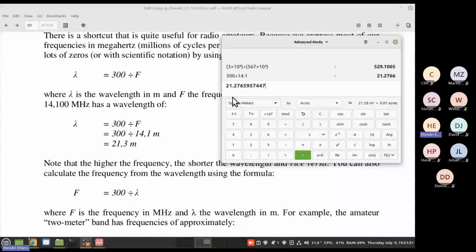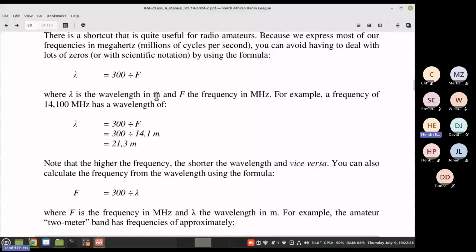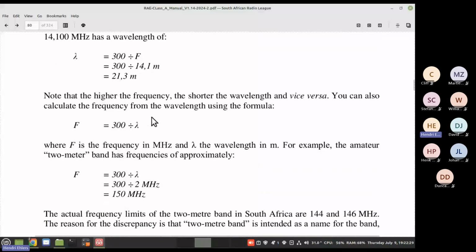If you want to build yourself an end-fed half wave, you'll divide that by 2 because you want to use half the wavelength, and that's 10 meters. You get yourself a wire slightly longer than that, just to be safe, and then you build yourself a half wave antenna for that frequency. Of course, if the frequency changes, the antenna must change. Note that the higher the frequency, the shorter the wavelength, and vice versa.